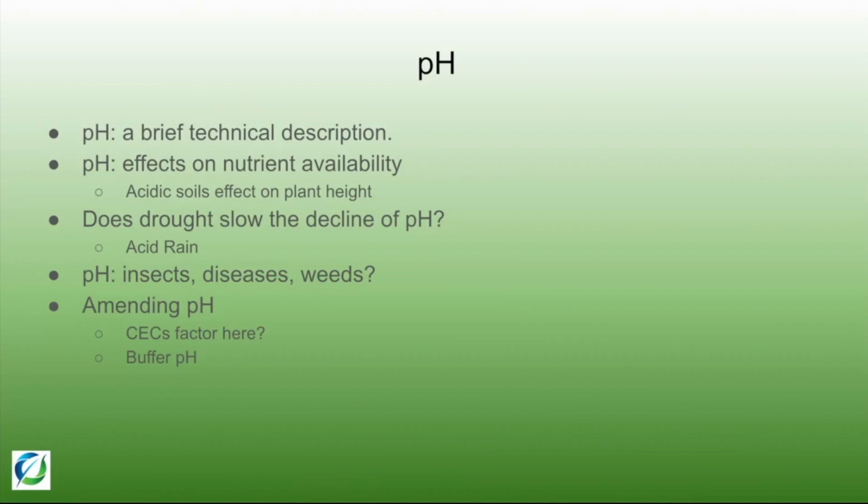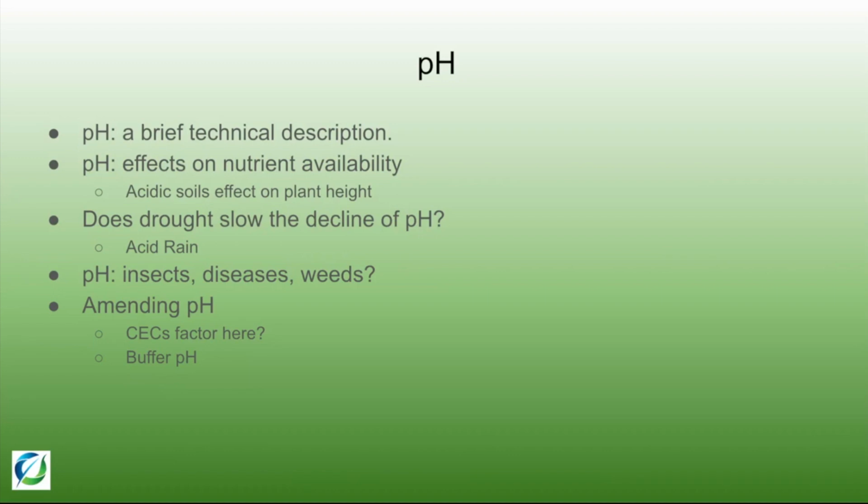Good day, everybody. Remember last time Jon talked to us about pH. He provided us with a description of what it was, nutrient availability, which crop is more sensitive to acid soils, and then he talked about acid rain and how that's changed over the years, how pH affects our different pests and controlling them, and then finally amending that.